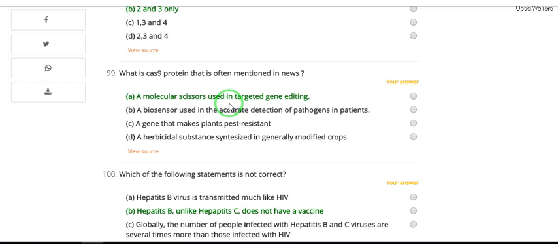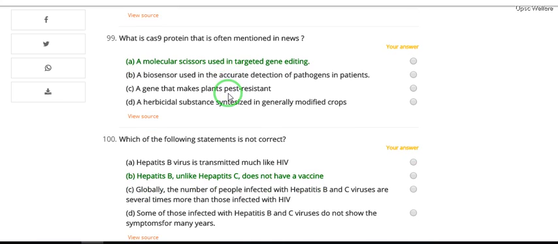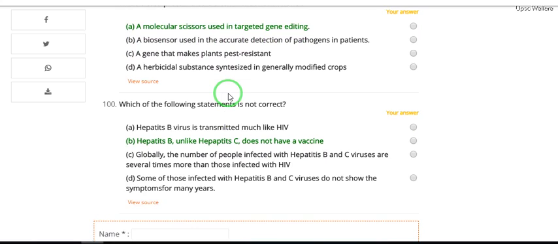By this protein, we will be able to target the cancer cell easily and kill it off, and of course, we can get relief from cancer forever. So it will be the correct answer because it was recently in the news.